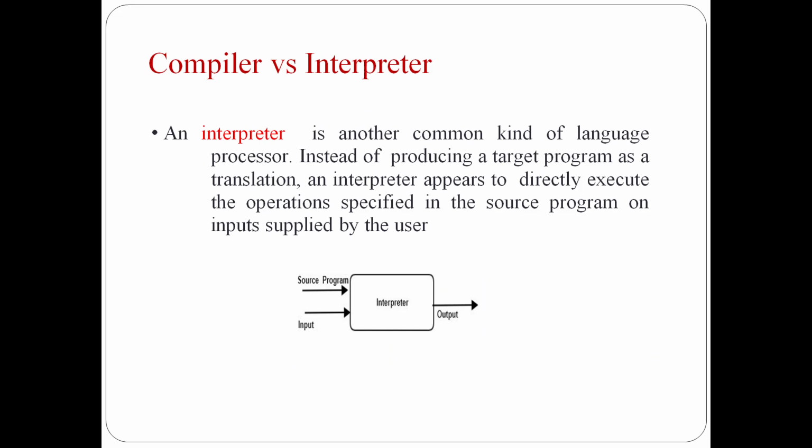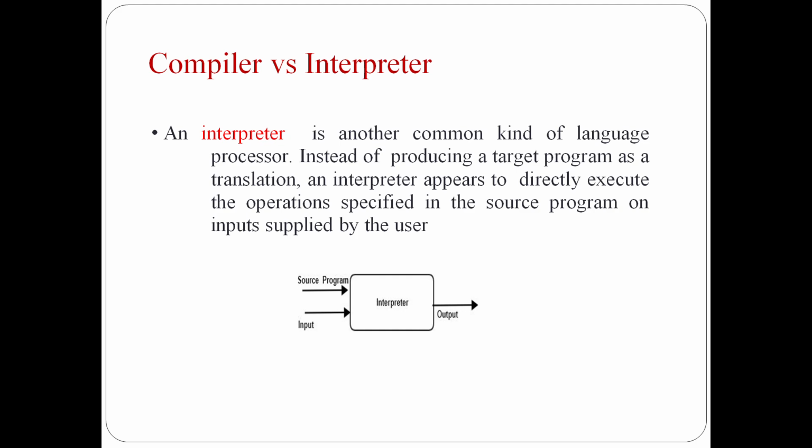We have one more system software available, that is an interpreter. In this slide I am going to tell about the difference between compiler and interpreter. A compiler converts the entire source program into the target program, but an interpreter, on the other hand, does line by line translation. It is another common kind of language processor.